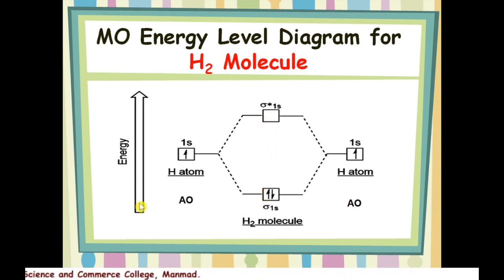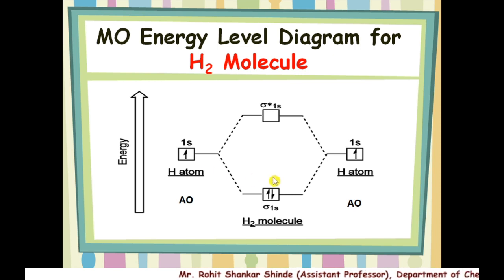Energy is again increasing from bottom to top. After the combination of 2 hydrogen atoms, there is formation of 2 molecular orbitals. One is the bonding molecular orbital, that is sigma 1s. Another one is the anti-bonding molecular orbital, that is sigma star 1s.